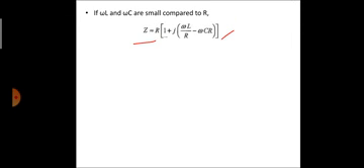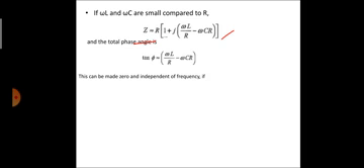How about the phase angle? The total phase angle is given by tan phi equals omega L by R minus omega CR. This can be made 0 and independent of frequency if L by C is equal to R squared.